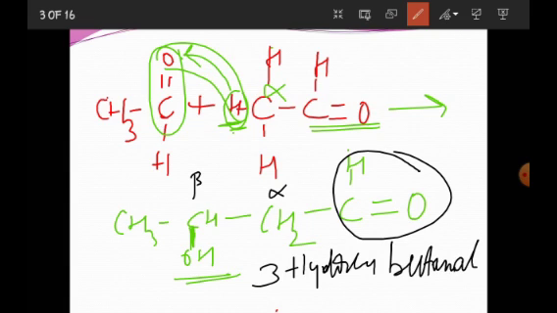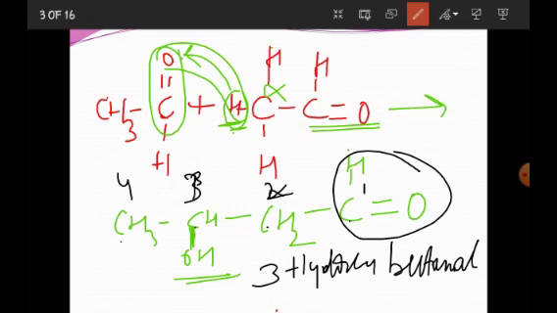Why butanol? See, 1, 2, 3, 4. This is 1, this is 2, this is 3 and 4. So this is known as 3-hydroxybutanol.